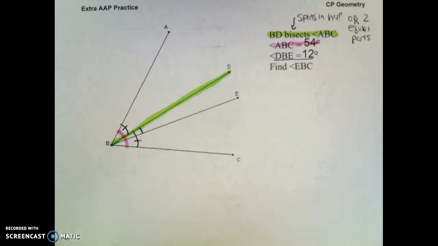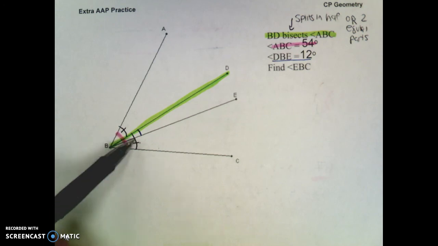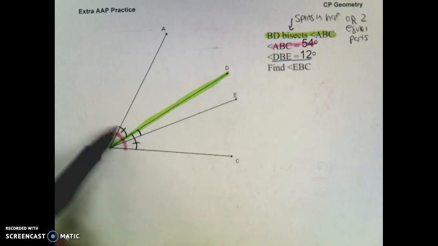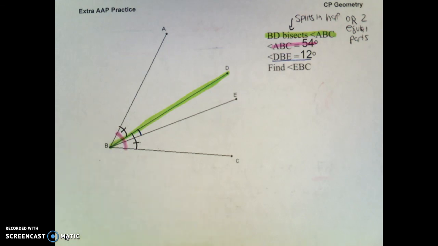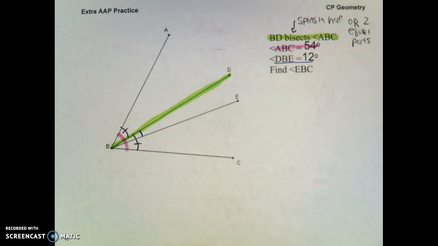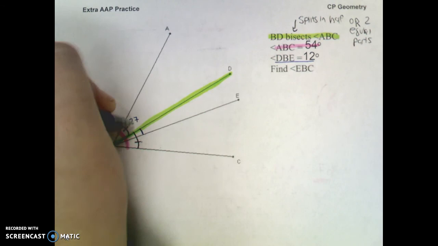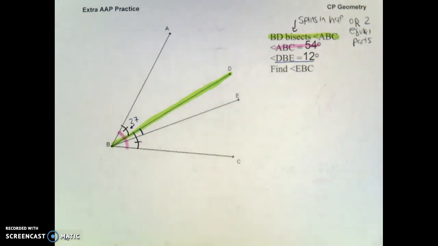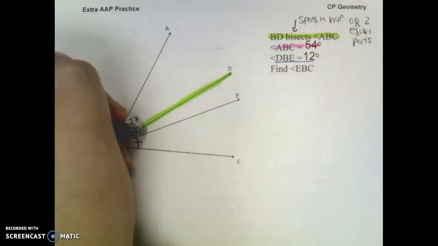Right off the bat, what we have to recognize is that these black angles, when you add this black angle and this black angle together, they're equal to each other, of course. It's going to equal the entire thing, which means these two angles equal the pink. Since these are equal, that means the 54 degrees has to be split evenly among these two angles. So if I take my 54 and divide it by 2, I'm going to end up getting 27. So 27 represents this angle, and 27, here's the key, represents these two angles.